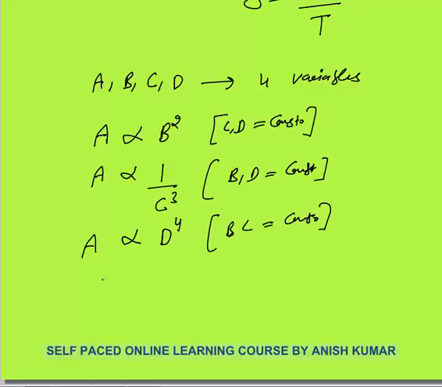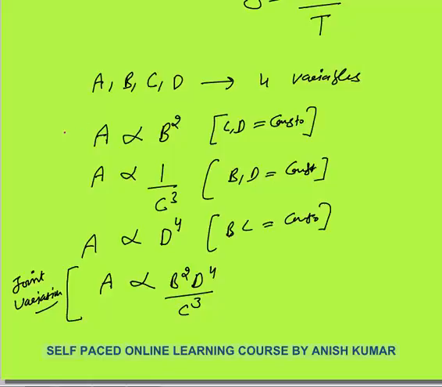We can say that A will vary with B square, D power 4, and C cube. You can combine this, and this is called joint variation. That is the meaning of joint variation. One variable is varying with the other 3, one at a time, and the other 2 are constant.